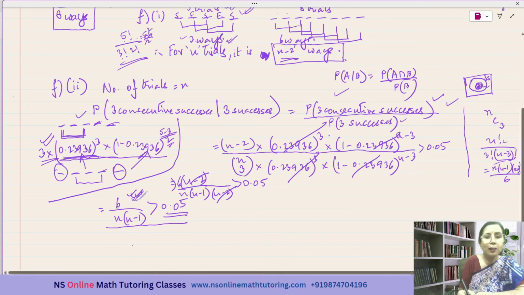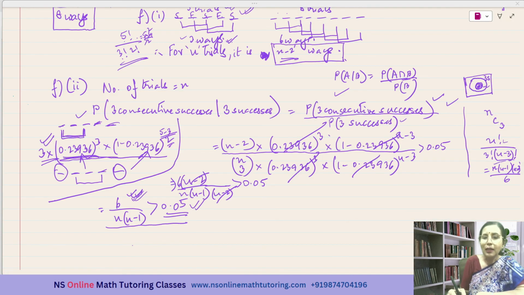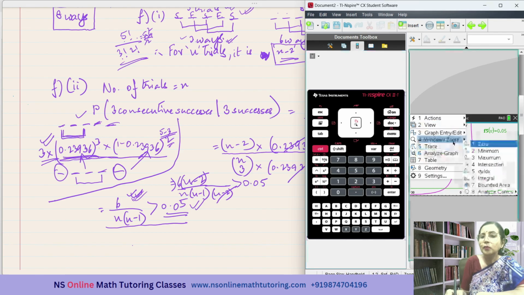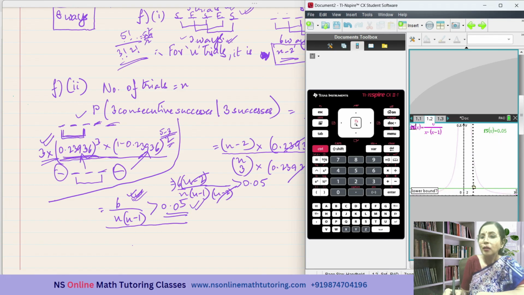This part should be above the horizontal line. See, the pink colored graph is above the horizontal line in this portion. I can get the coordinates of the intersection points. So this is the first intersection point's coordinates, and n is the number of trials.